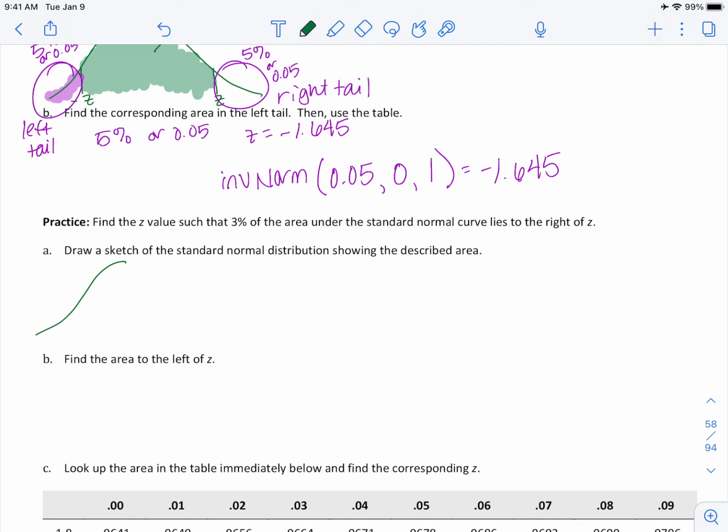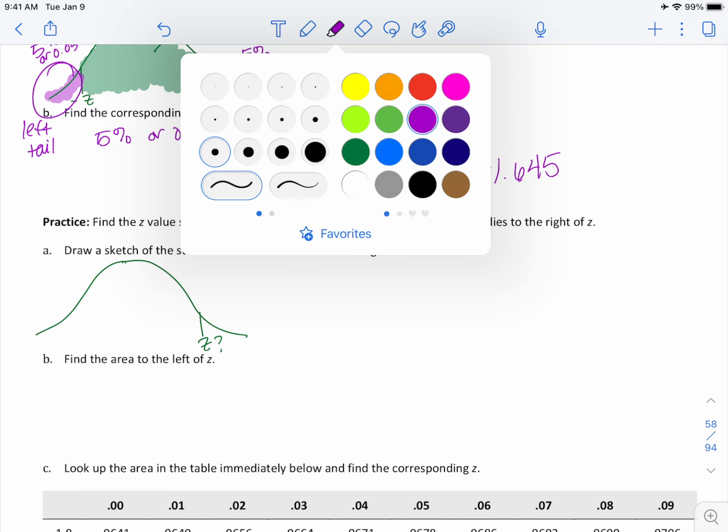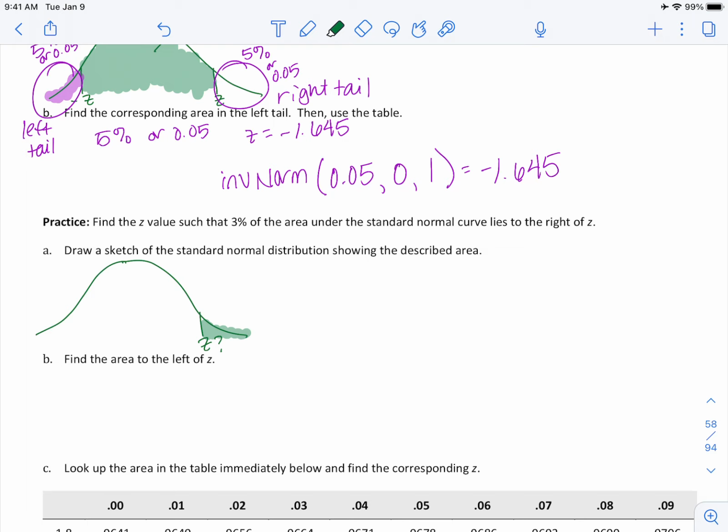Okay, so we're going to draw our sketch, and we said we want 3% of the area under the standard normal curve to lie to the right. So here's our z, and we want this part to represent 3% or 0.03.